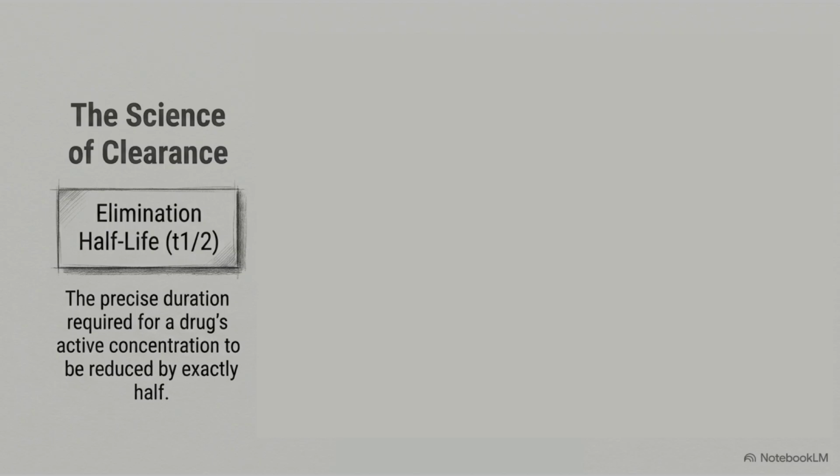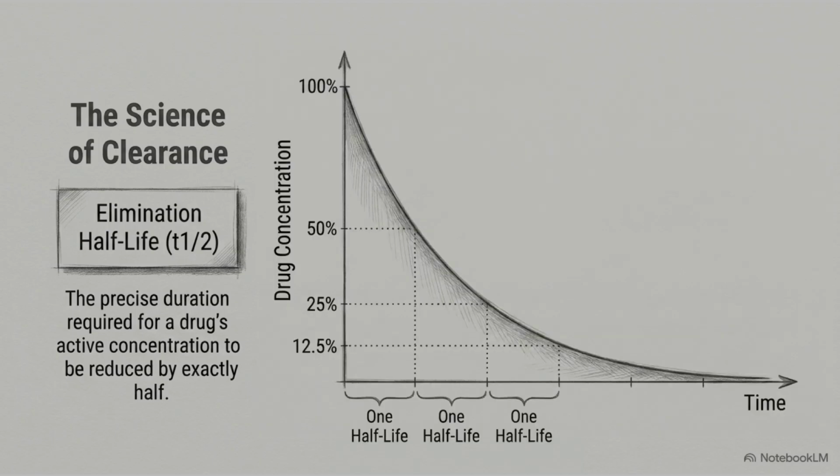So say a particular drug has a half-life of 5 hours. If you stop the drug 5 hours before, the drug concentration will drop by 50%. That is one half-life. If you stop the drug 10 hours before, the drug concentration will drop to 25%.